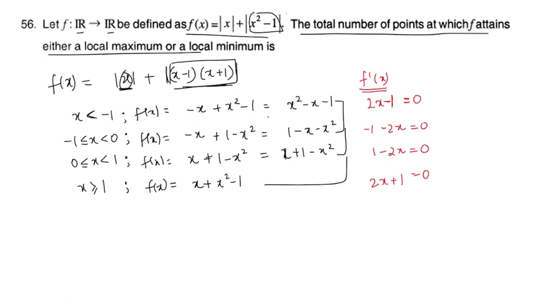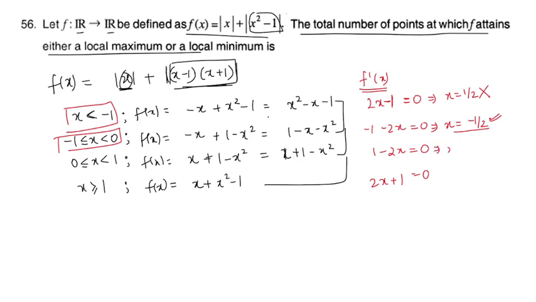So this equation, upon solving, gives you x equals half. But notice x equals half does not lie in this interval, hence this will not be a possible contender. This interval is going to give you x equals negative half, and it does lie in this interval, and this will be counted as one of the points.